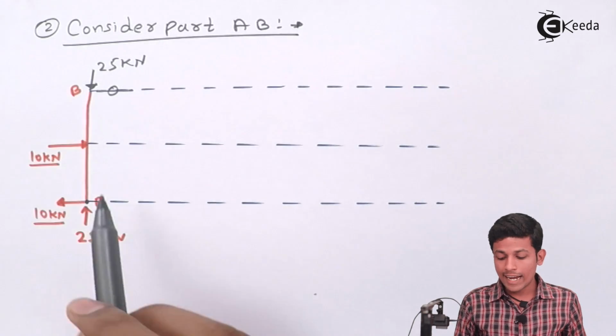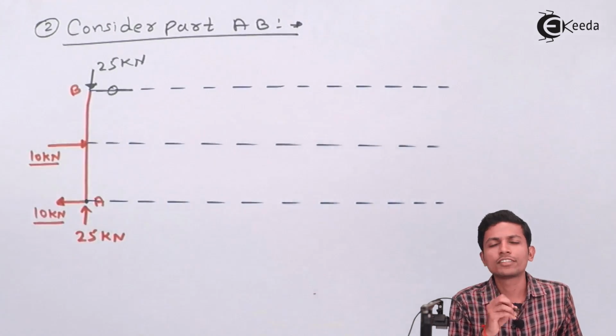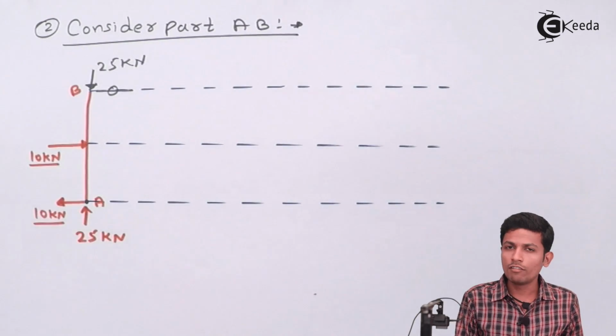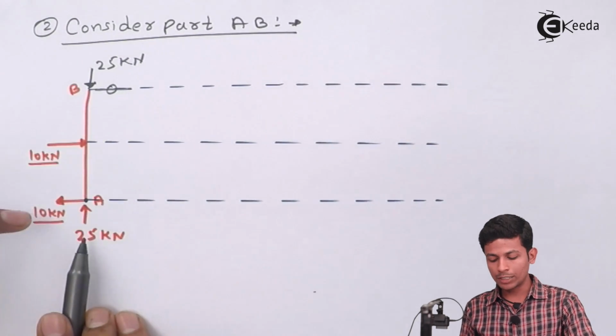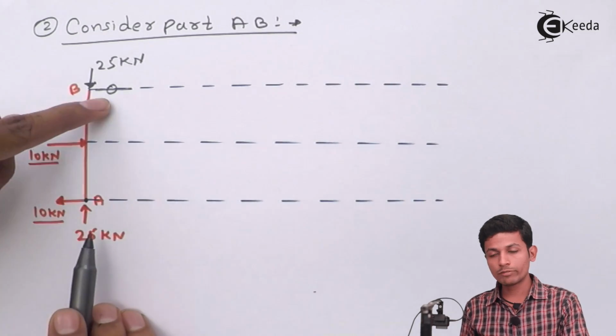Now you have balanced this directly. You can also use the summation Fx equal to 0 and summation Fy equal to 0. This is also possible, but always remember, if this is going upward 25 and downward 25, and 10 this side and 10 this side, it will be balanced, in equilibrium, so this will become 0.